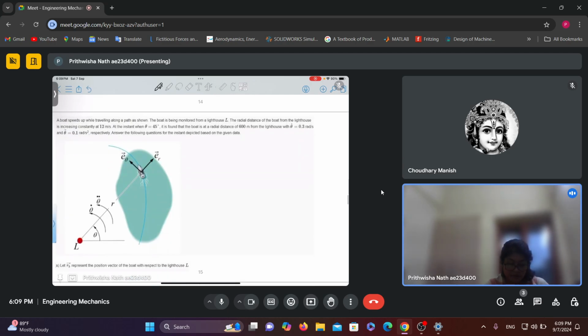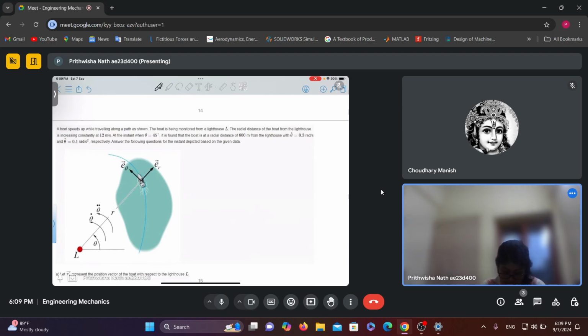And for the next problem, a boat is given which is at a radial distance of 600 meter, and the radial distance of the boat from the lighthouse is increasing constantly at 12 meter per second. And other data: theta dot is 0.3 and theta double dot is 0.1 radian per second square.